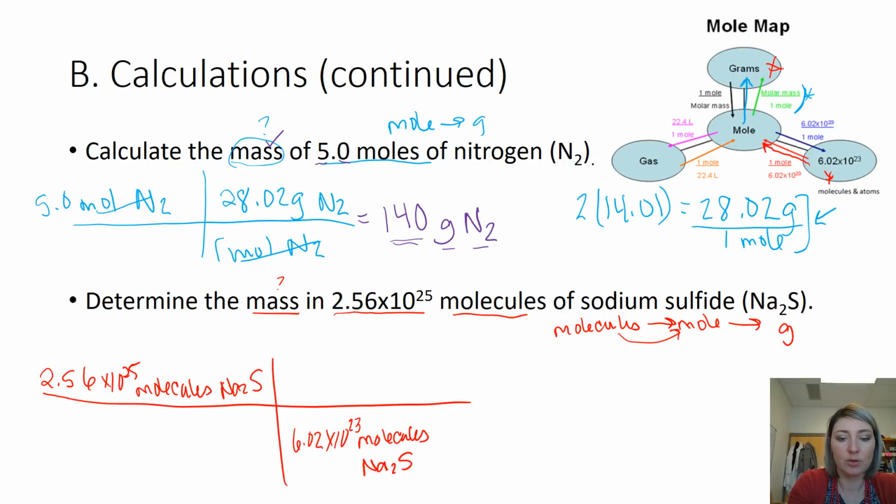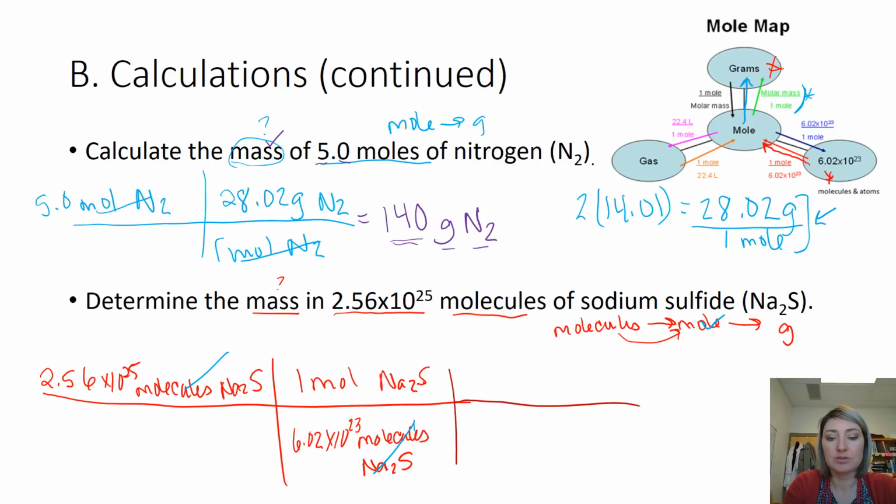So it's going to get wordy. And that is per 1 mole. Remember, those are equivalent to each other. All right, so with that, I've canceled molecules and I've been left with moles. So I made it to this step. However, we're not done. We're going to have to do one more conversion.